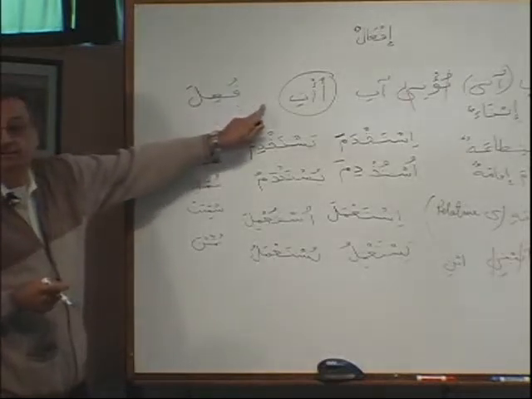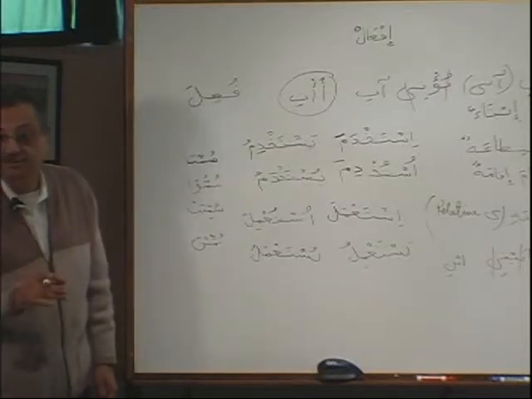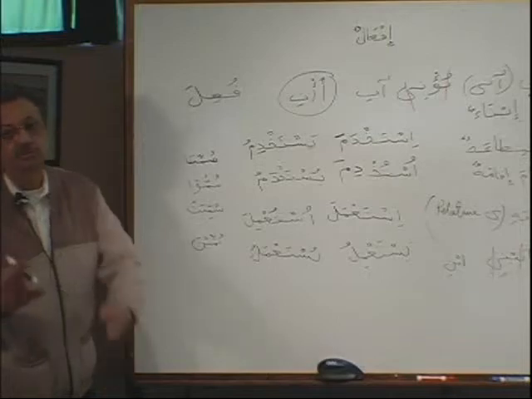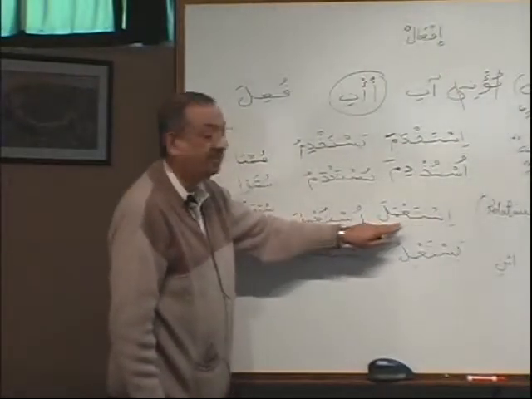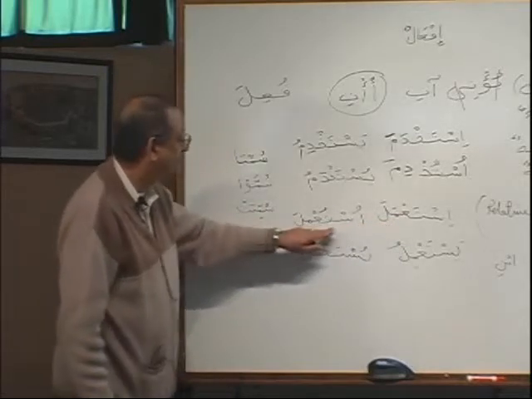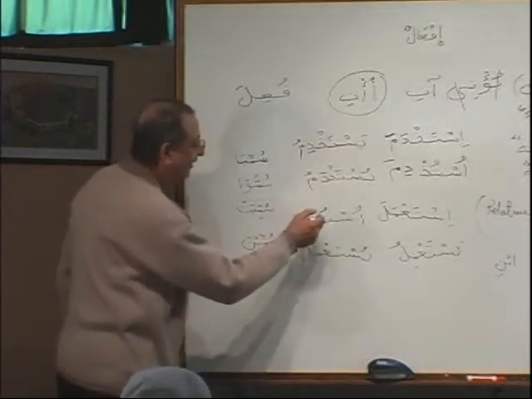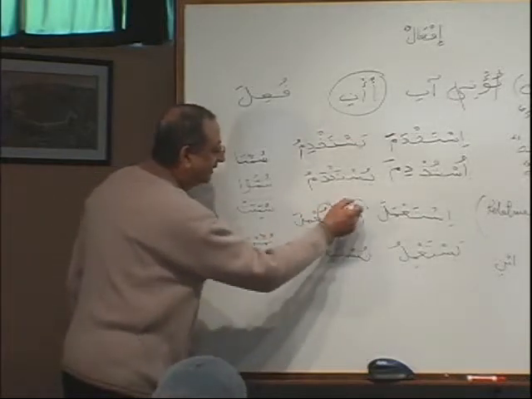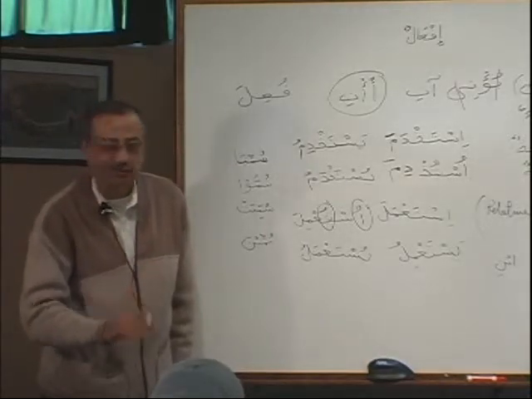Everything else will get a dhamma. Everything else, if it is with sukoon, we don't touch it. So here we are. Ista'amala became ustu'mila. See here, it is mutaharik. This is mutaharik, so they got dhamma. Sukoon, we left it. Okay.